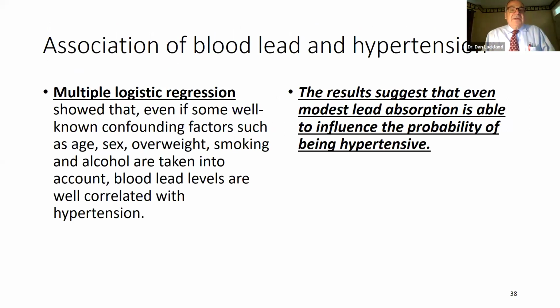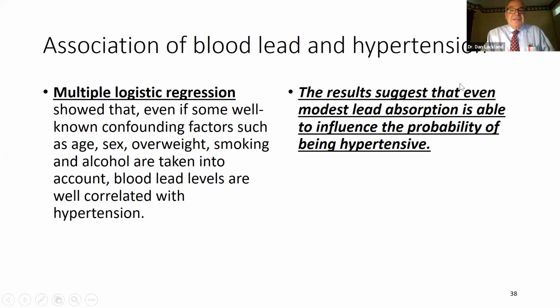Think a fairly standard assessment that I suspect some of you have actually done something very similar. In this case, we're looking at the association of lead and hypertension, using multiple logistic regression, the adjustment analyses that Dr. Welton referred to. It showed that if well-known factors such as age, sex, overweight, smoking, and alcohol are taken into account, blood lead levels are well correlated with hypertension.